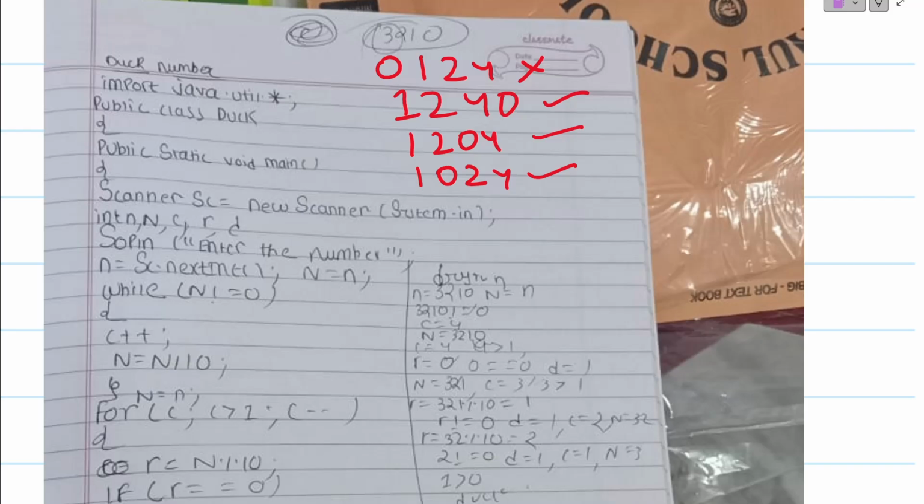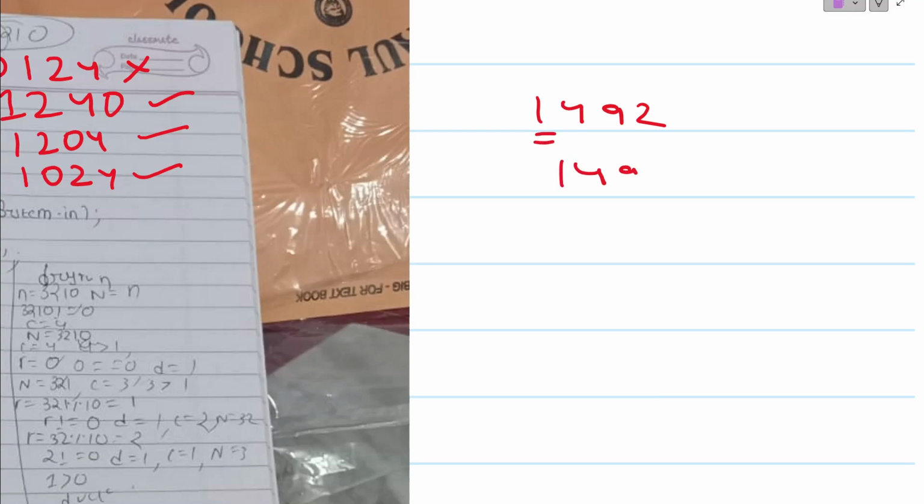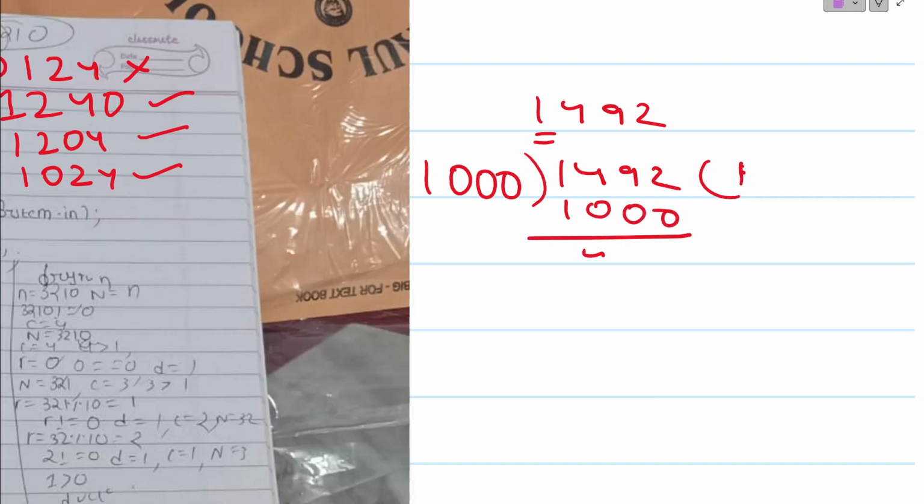But the best part, do you know what we can do? Here also we do not know the number of digits. Suppose I have been given a 4-digit number, 1492. What formula should I use to find out what is present at my first place? Let's see, 1492. If I divide it by 1000, then what will happen? 1 and remainder 492.